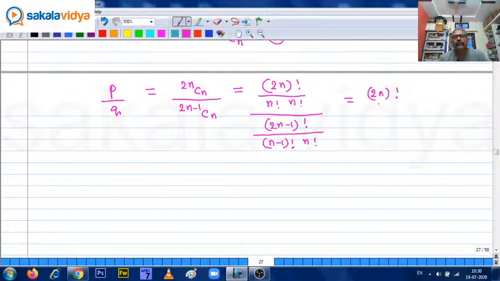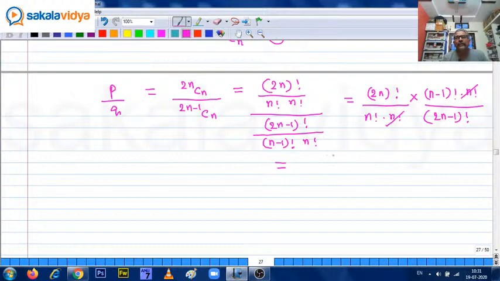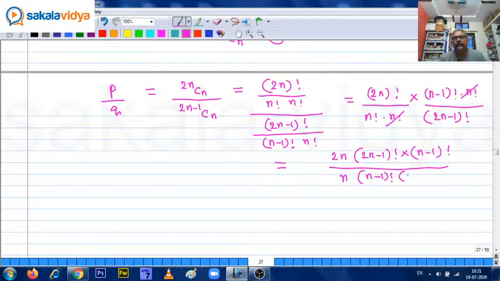2n factorial upon n factorial times n factorial, multiplied by n minus 1 factorial into n factorial upon 2n minus 1 factorial. First, n factorial gets cancelled. 2n factorial can be written as 2n times 2n minus 1 factorial, times n minus 1 factorial, upon this n factorial can be written as n times n minus 1 factorial into 2n minus 1 factorial. So these cancel. We have 2.